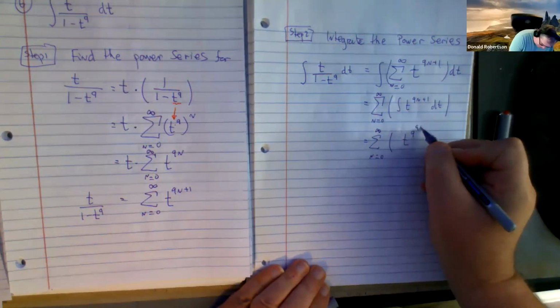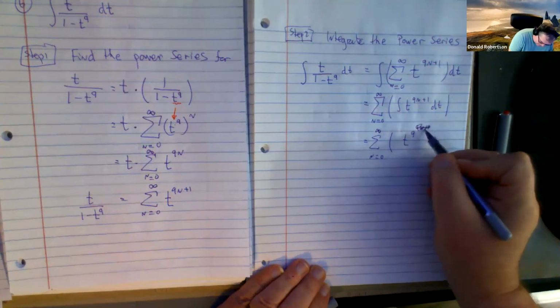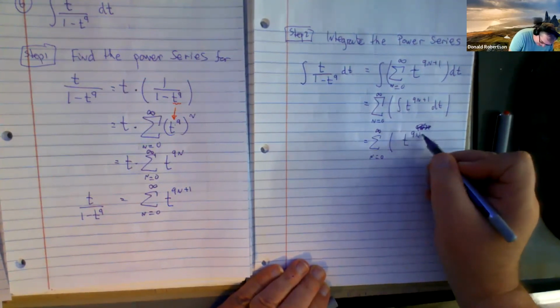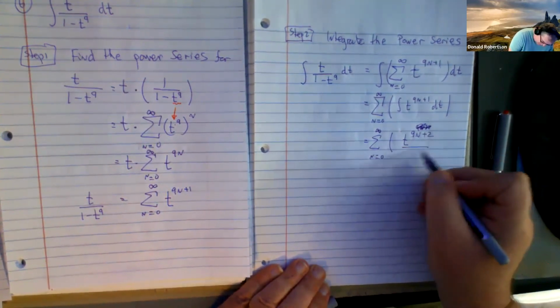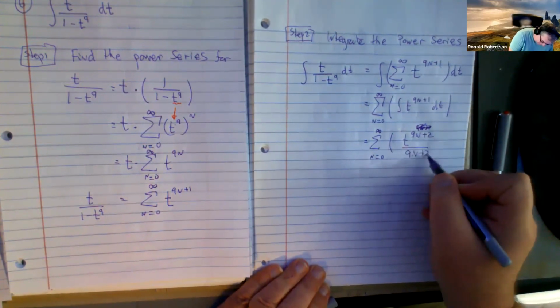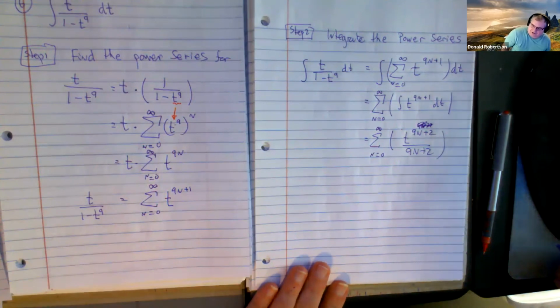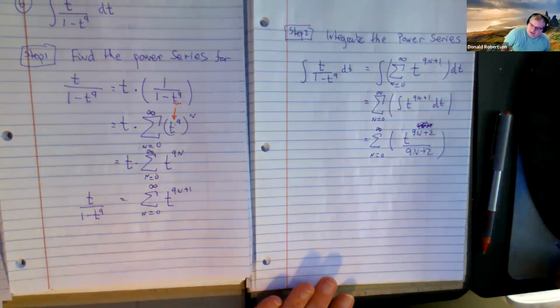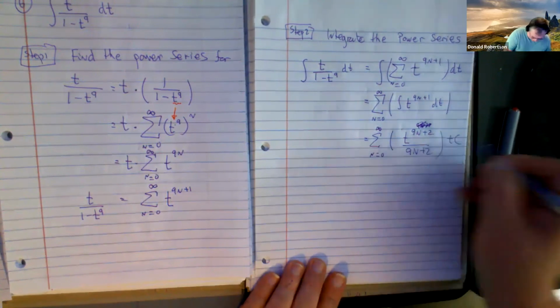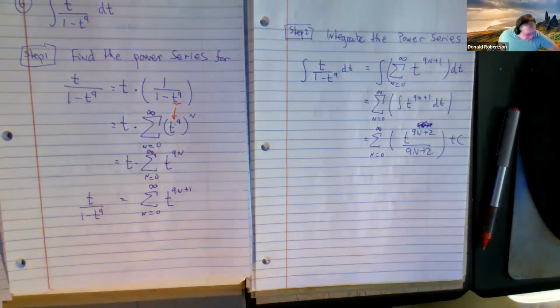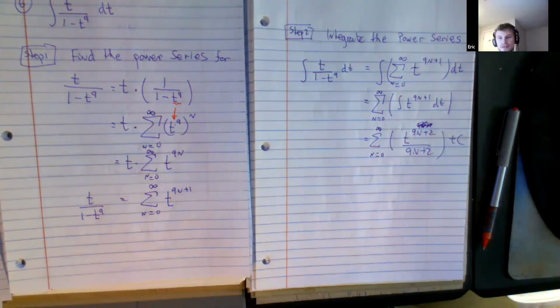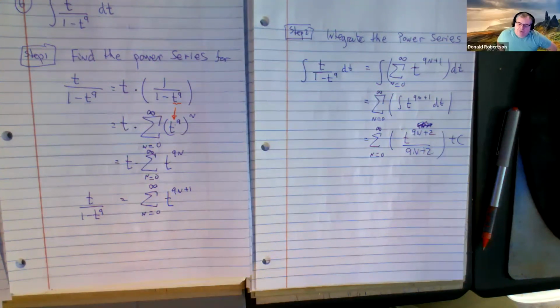That's it. So, I've already got the 9, 9n plus 2. So add 1 to the power and divide by the new power. Agreed? Oh, that's actually as good as that answer's going to get. Well, plus a C. Oh, there's no chain rule there. You're saying chain rule.